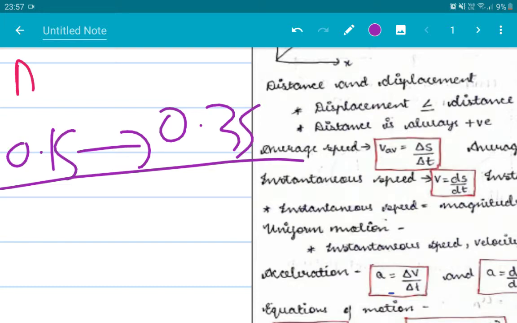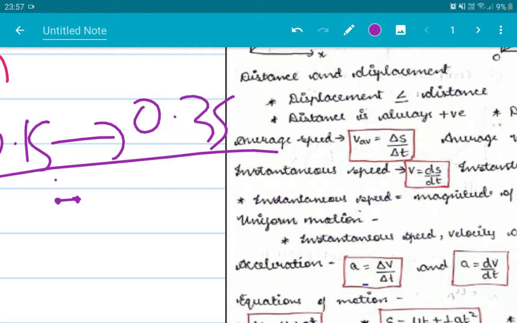So a body travels from just here to here, this much. Now it is very small, right? For this small space, average speed and instantaneous speed are the same, right? Average velocity and instantaneous velocity are also the same, right?